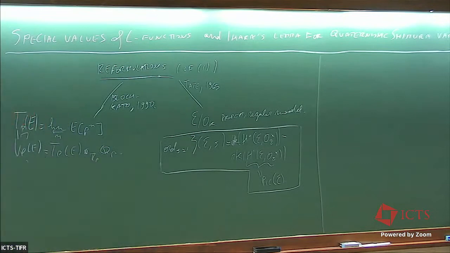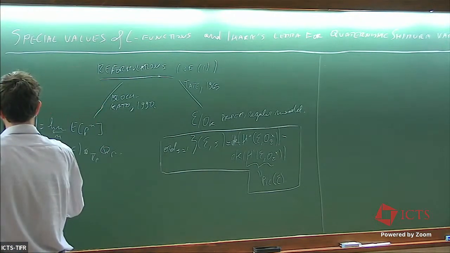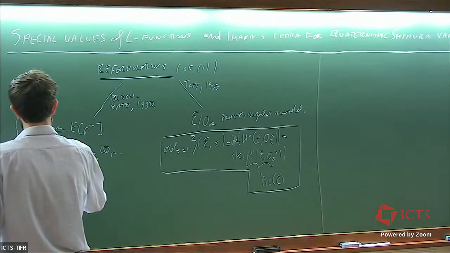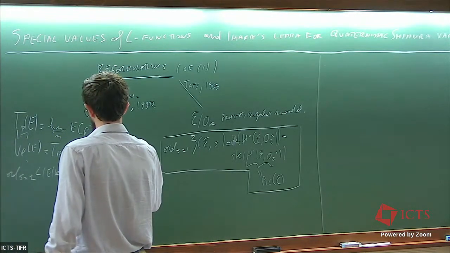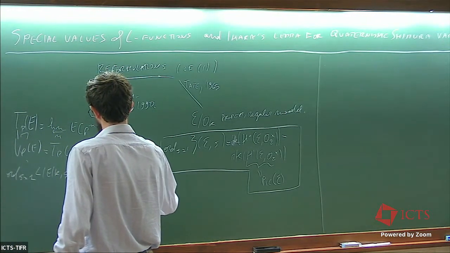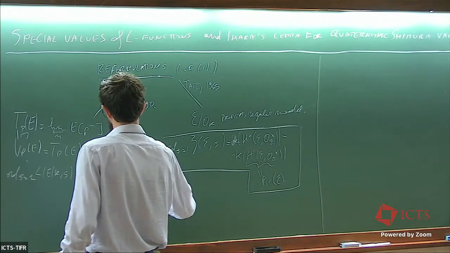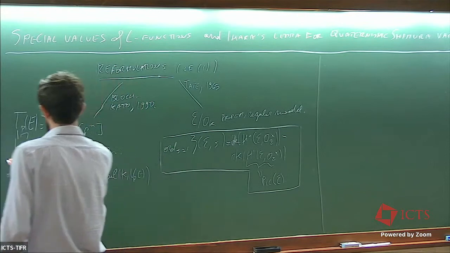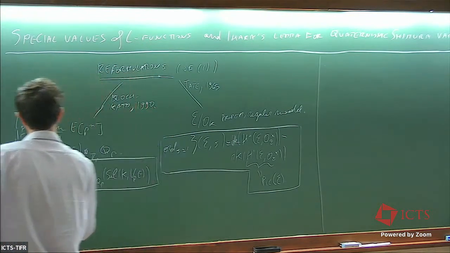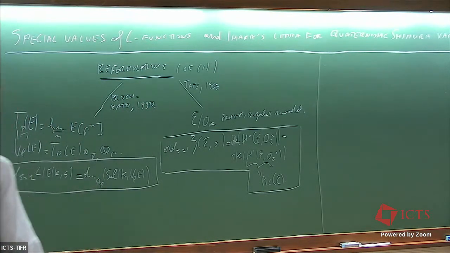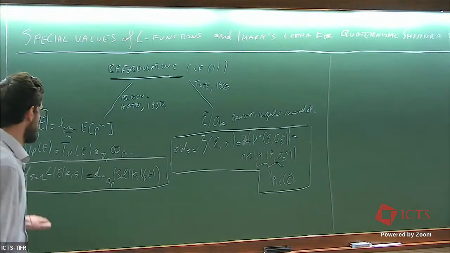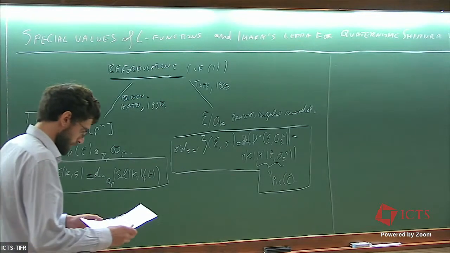Okay, and then the formula is the following: the order of vanishing at s equals 1 of this L-function should be equal to the dimension as a Q_p vector space of the Selmer group of V_p of E. Of course, if you know that the Tate-Shafarevich group is finite, then this is equivalent to this point 1 here. And once more, as Flach explained, you can also restate the special value formula from this viewpoint. I will not do it, but I will tell you later on the precise formula I will prove.